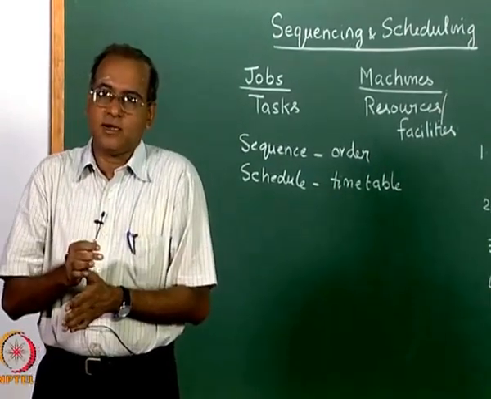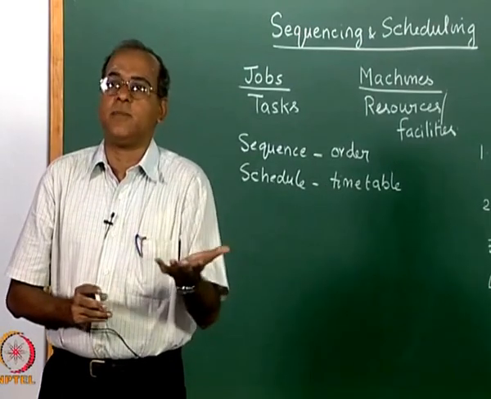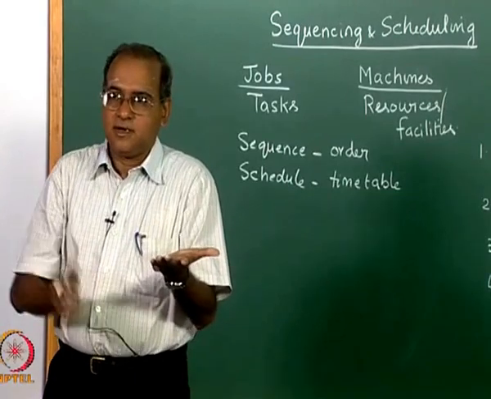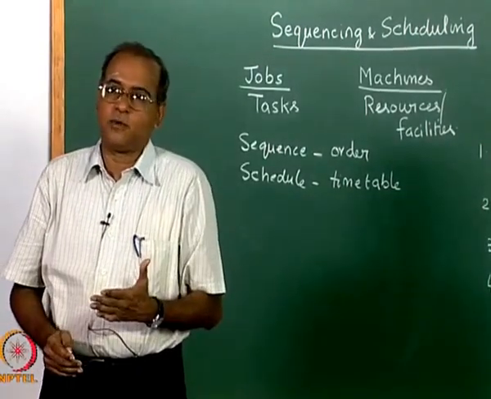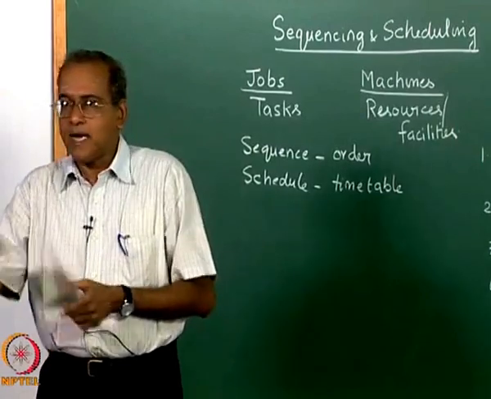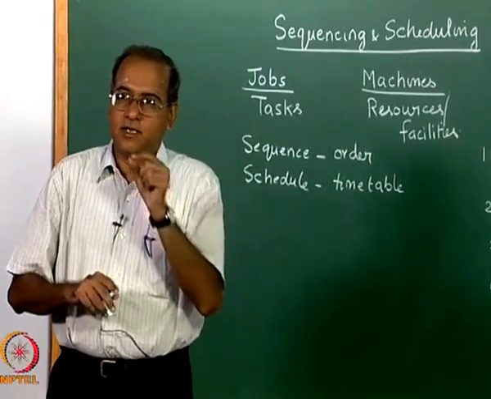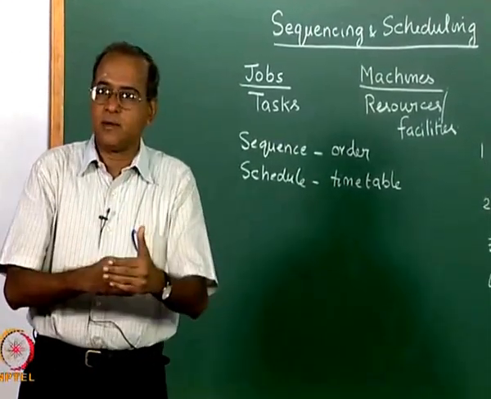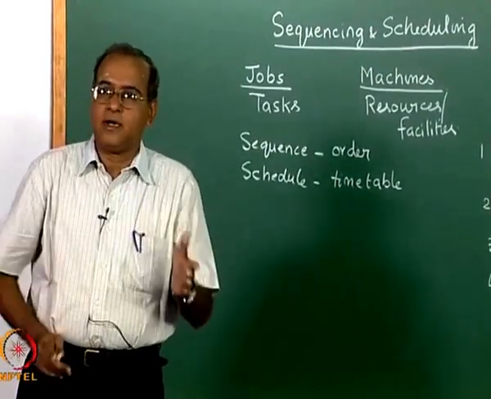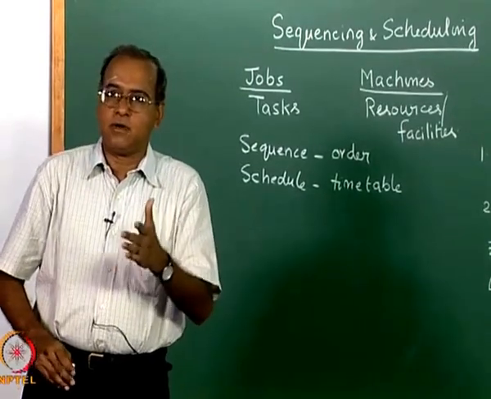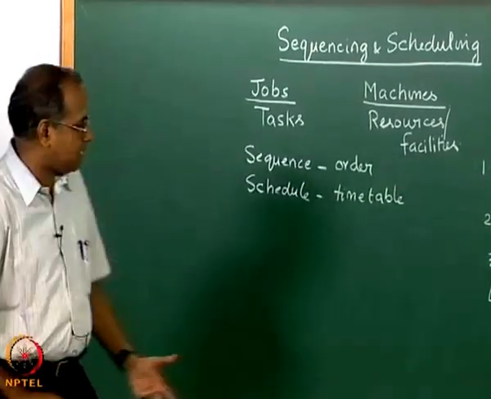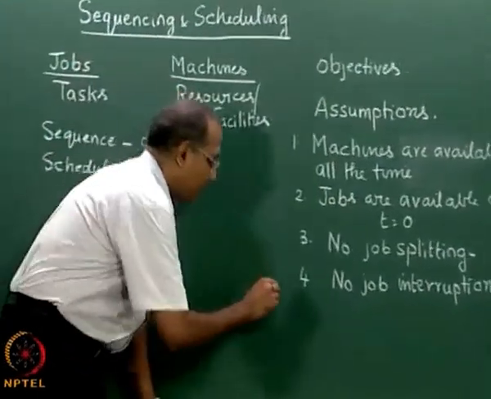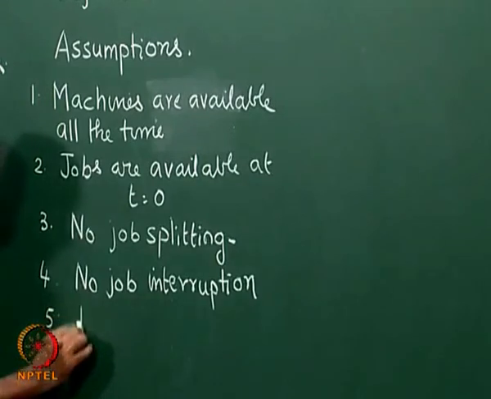I am going to assume that if a more important job comes in between, I will not stop processing this one, set it aside, take the more important one, finish it and then get back to this. That kind of thing we will not do, which means once taken up, a job will be completed and only then will the next job be taken up for processing. So, these are some of the simple assumptions. Next one is that the processing times are known.